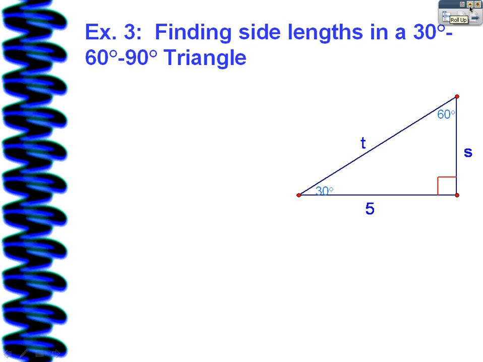Try that one. If I'm given a 30, 60, 90 triangle, I'm only given the length of one side of that triangle. Fill in the other 2. Take a second. You can come up with those answers. So we got to find S and T.